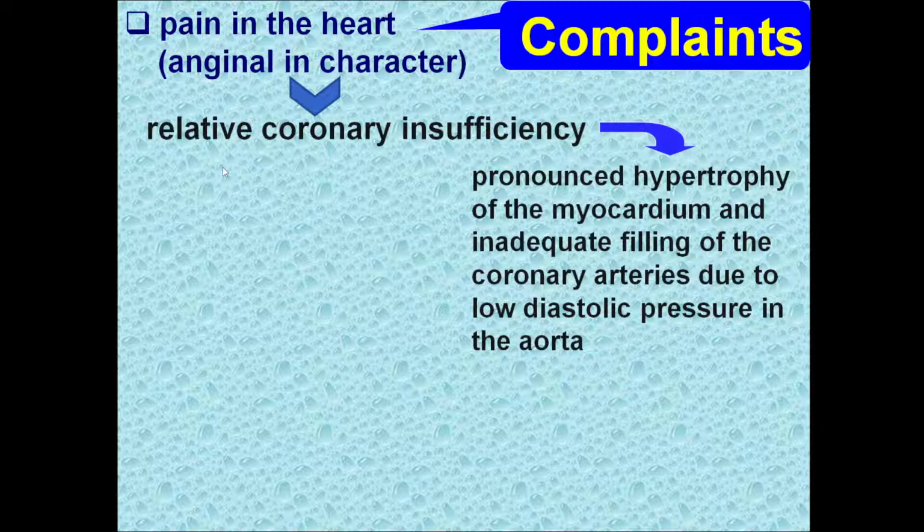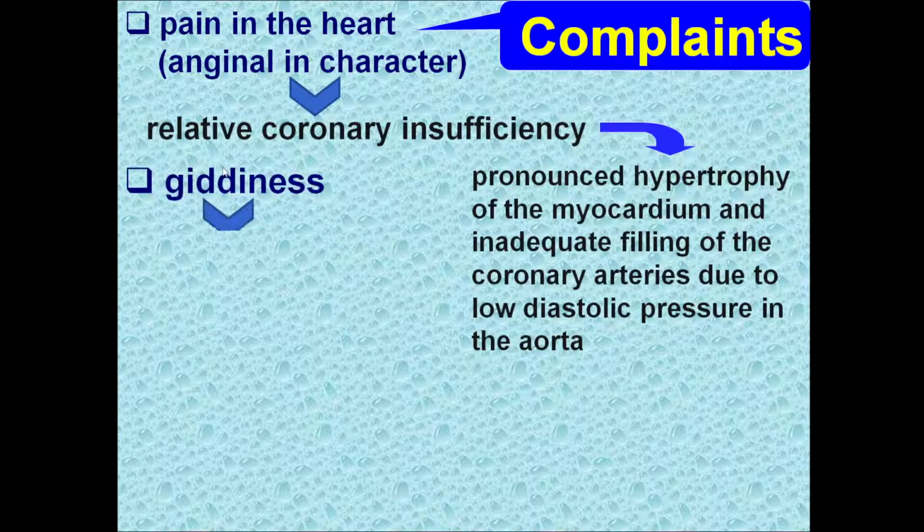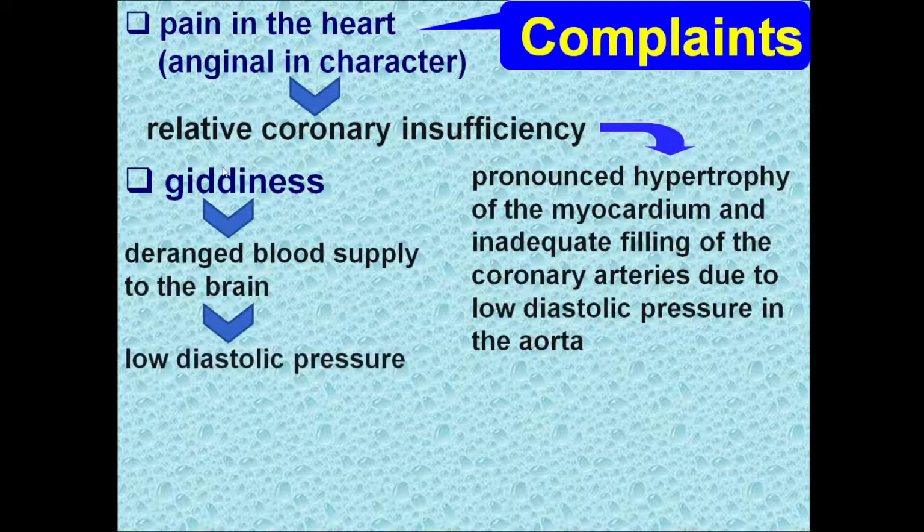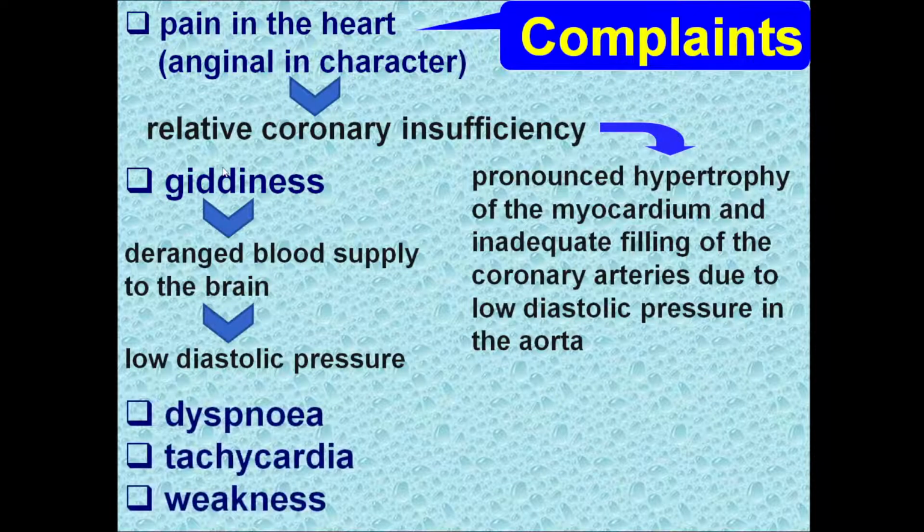Coronary circulation is tightly correlated with diastolic blood pressure. Other problems involve the central nervous system: the patient feels giddiness, decreased work capacity, sometimes syncope, and other problems, which again are explained by deranged blood supply and low diastolic pressure.